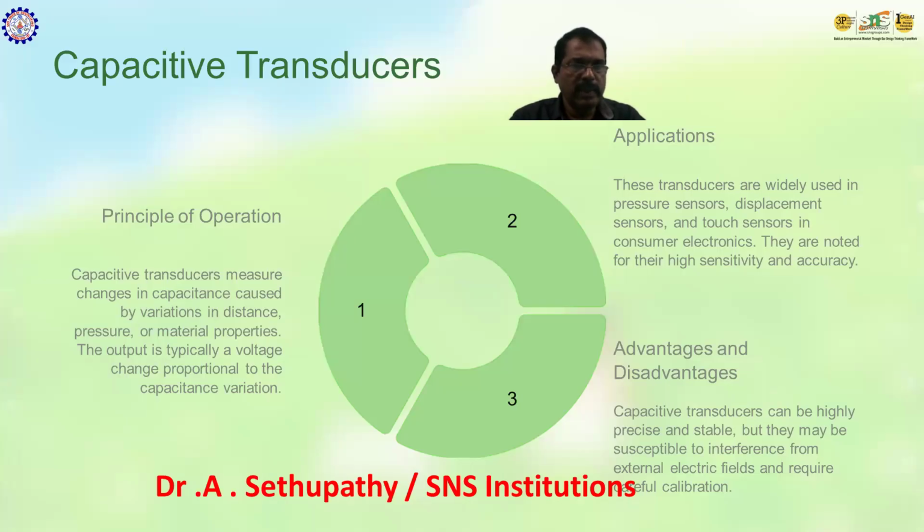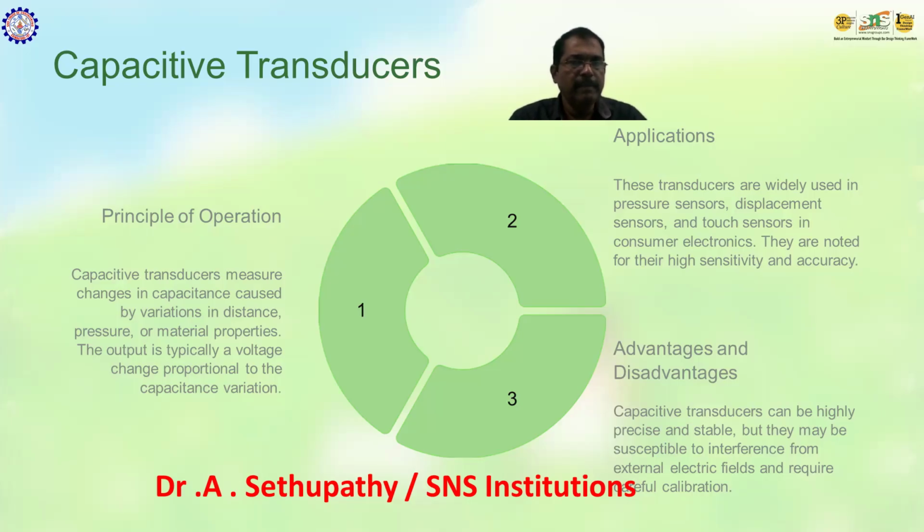The operating principle is that it measures changes in capacitance caused by variations in distance, pressure or material properties. The output is typically a voltage change proportional to the capacitance variation, that is the voltage difference between the initial and final voltage.